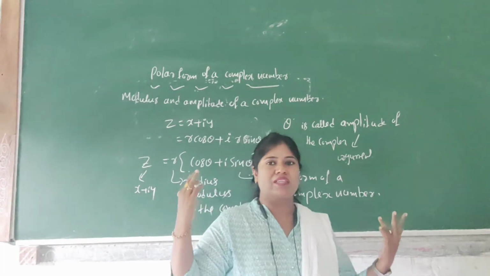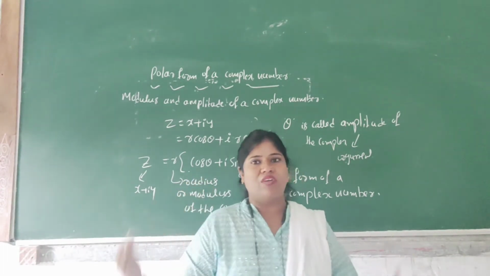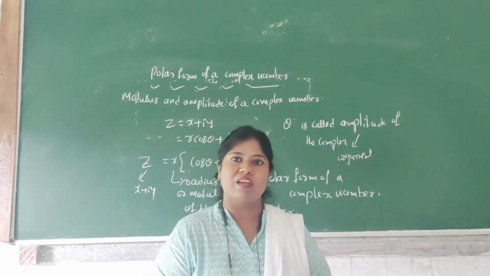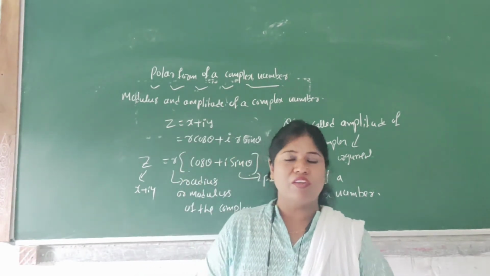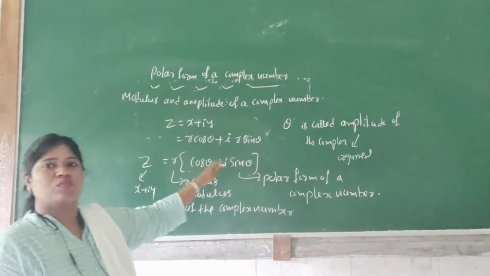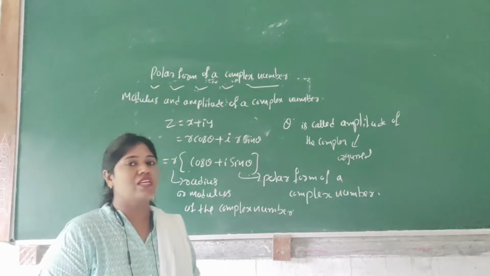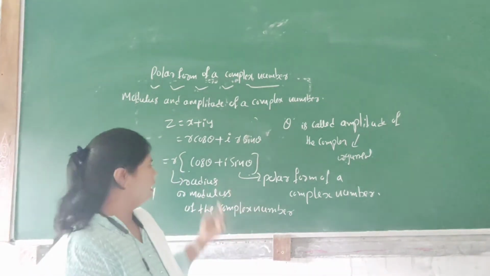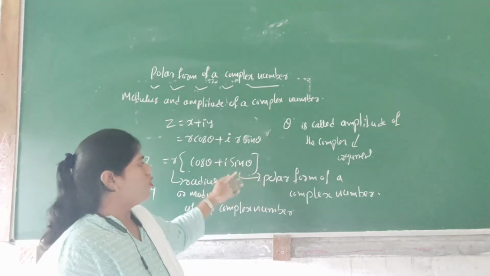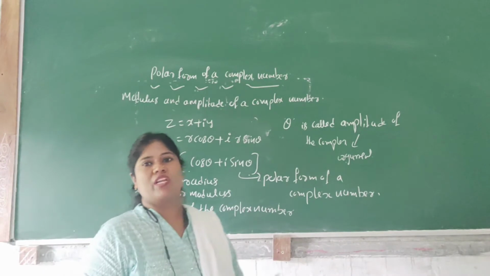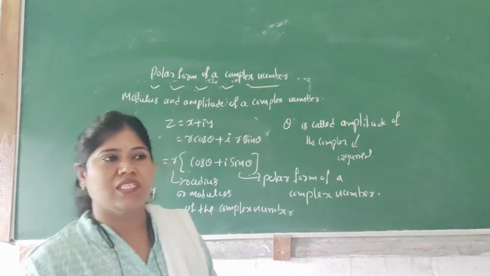If we take the right-angled triangle, we will get sin theta as y divided by r, cos theta as x divided by r. If we substitute those two values in this equation, z is equal to x plus iy, you will get z is equal to r of cos theta plus i sin theta. So this one is called the polar form or standard form or trigonometrical form of a complex number.